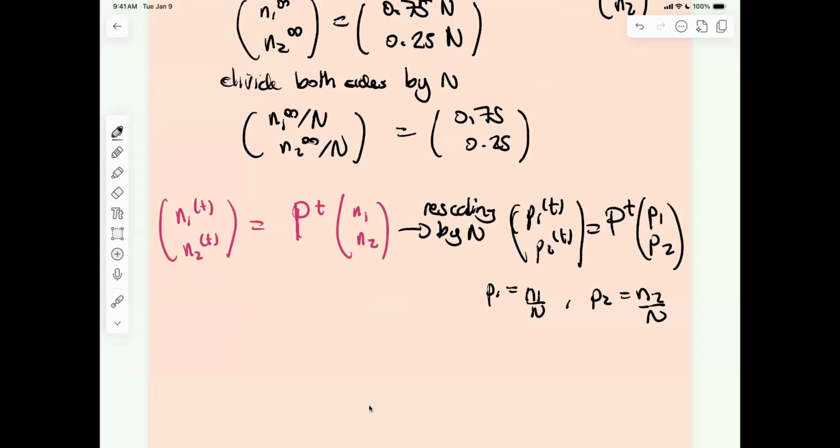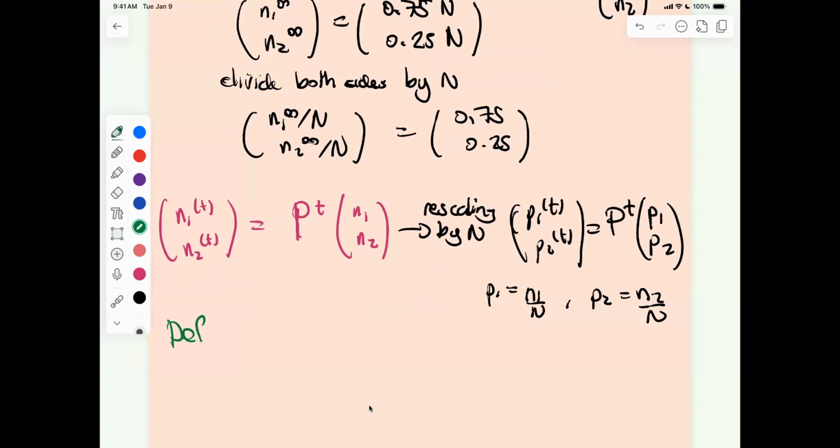And now here comes the definition. You say that a vector is a steady state vector if it's an eigenvector of the matrix P with eigenvalue 1. And you'll see why that definition gets used.